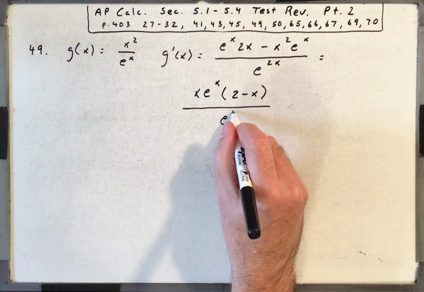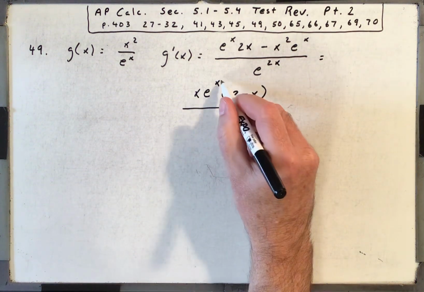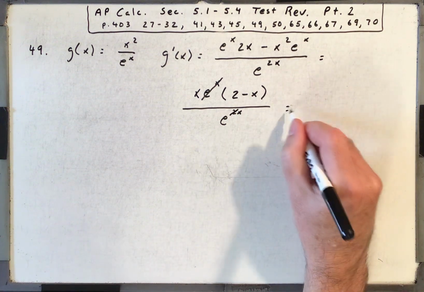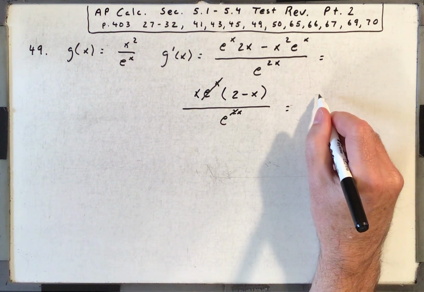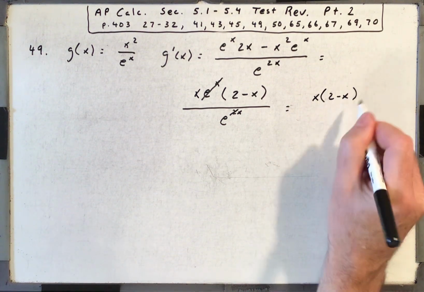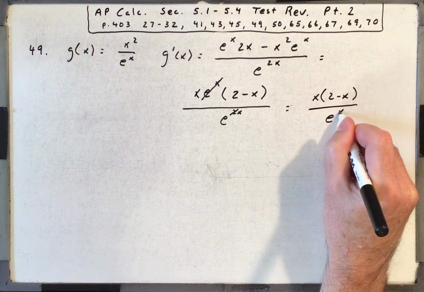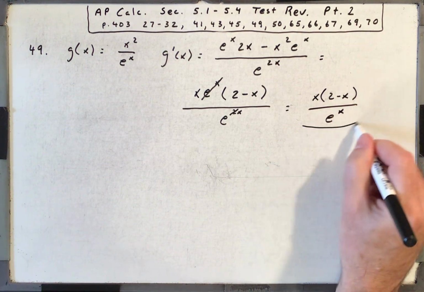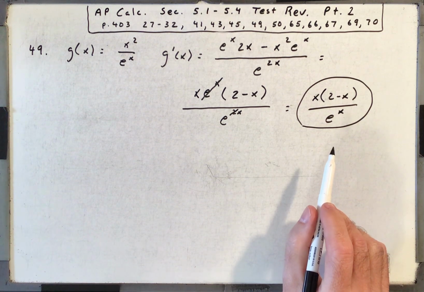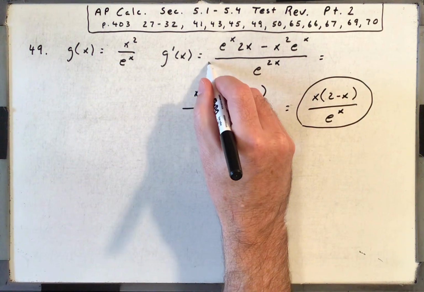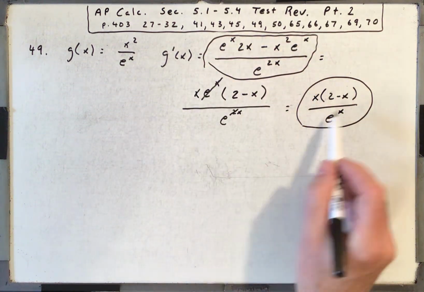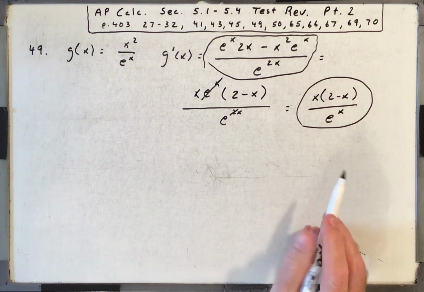And then over e to the 2x, and then we could cancel this e to the x on top and then one of these, and you'd have x times 2 minus x over e to the x. So that's how the book simplifies. I would count this problem correct on a test if you got here, but I do think it's very useful to see how the book gets to there.